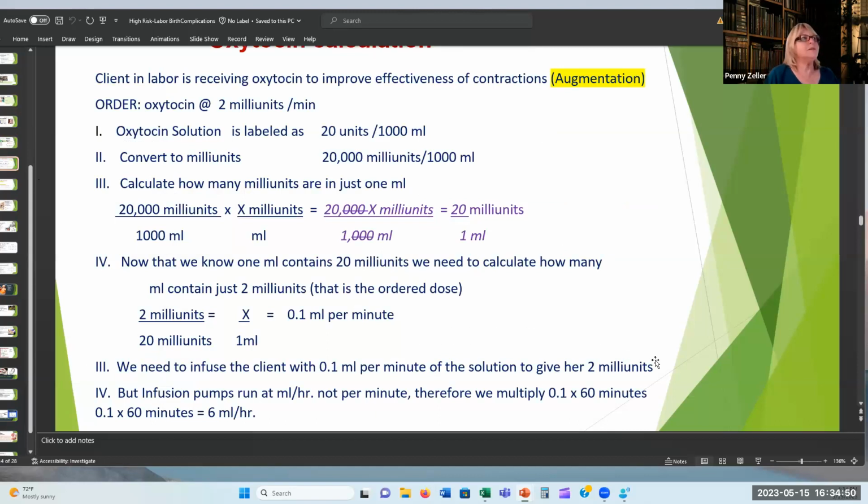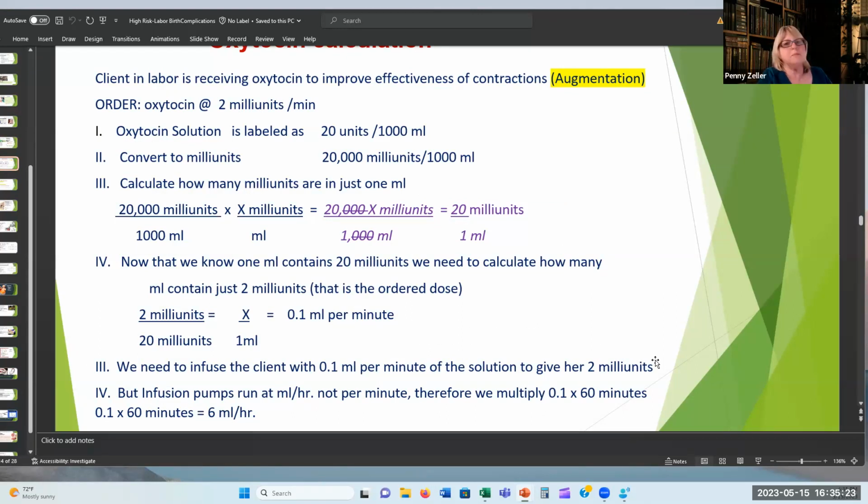I do have the oxytocin calculation here in the proportional method. Remember to always calculate using milliunits. If you use dimensional analysis, you will be converting it right away, because 20 units is the same thing as 20,000 milliunits.